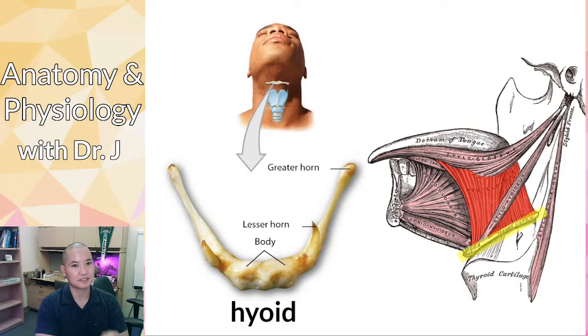So the hyoid is very special because it does not articulate, in other words, it doesn't touch another bone. This is why you don't see it in the previous diagram of the axial skeleton, because it would be floating in midair if you got rid of the rest of the tissues. Now, does that mean the hyoid is floating around in the rest of your body? Well, no, look at this right here. What we see is that it's anchoring all these muscles and it's connected by some connective tissue as well.